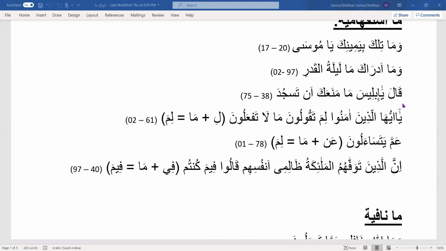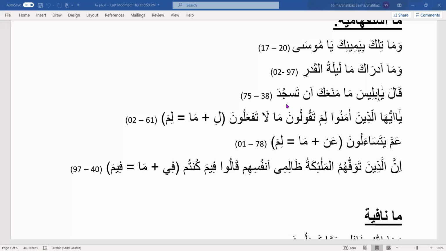قال يا إبليس ما منعك أن تسجد. He said, "O Iblis, what forbade you to prostrate?"